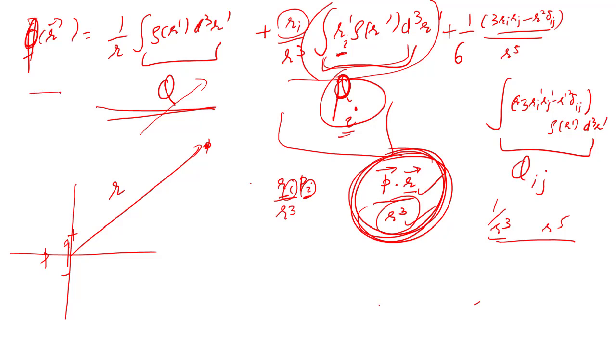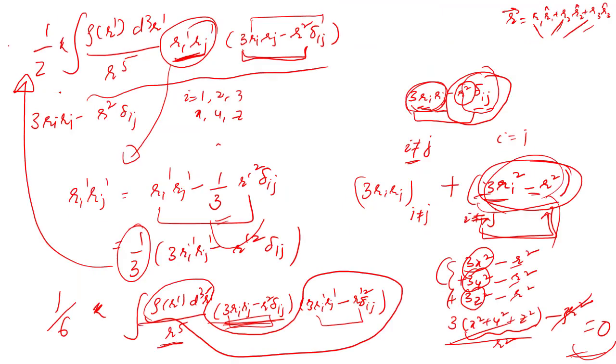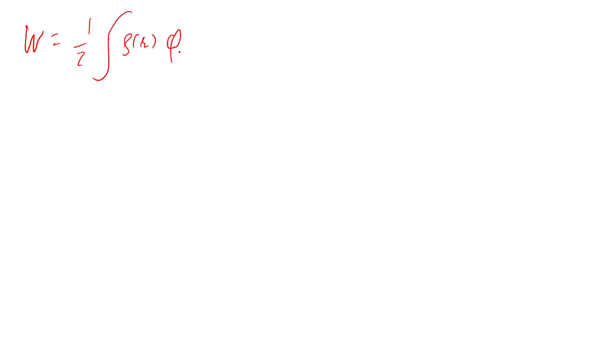Now, we talked about the total work done, or the total energy in assembling a charge distribution, and we have seen that the total work done was half of rho of r, phi of r, d cube r. So now we can look at this, and if I Taylor expand phi of r around r is equal to 0, right?